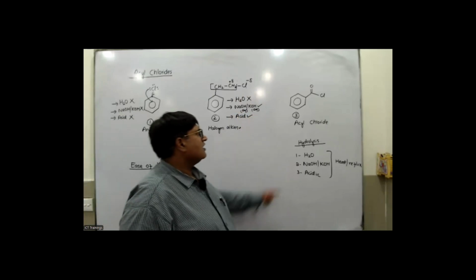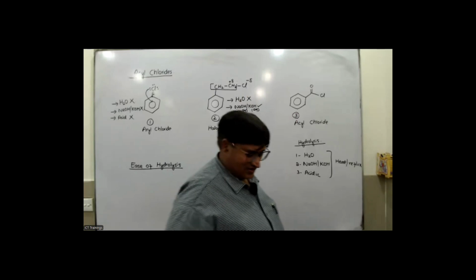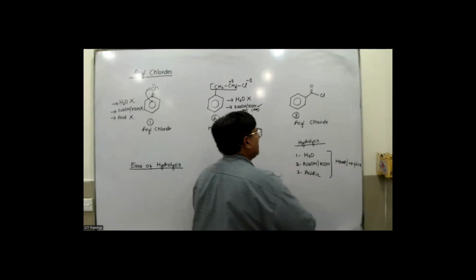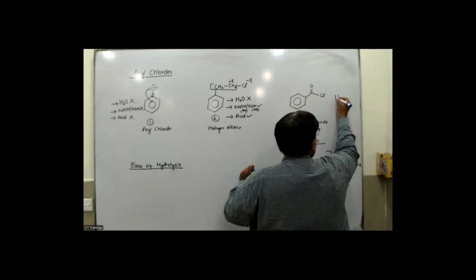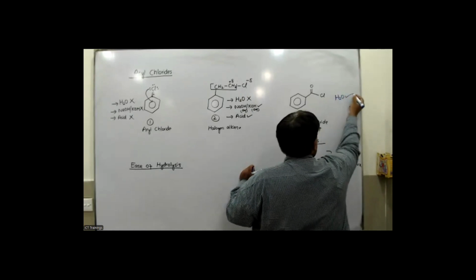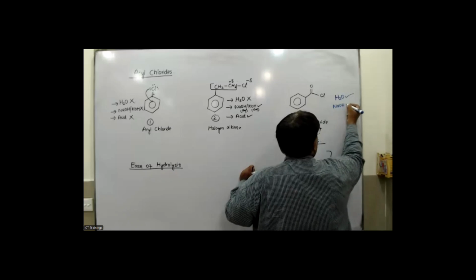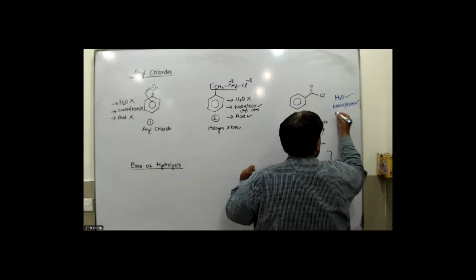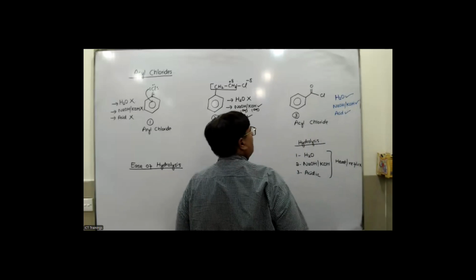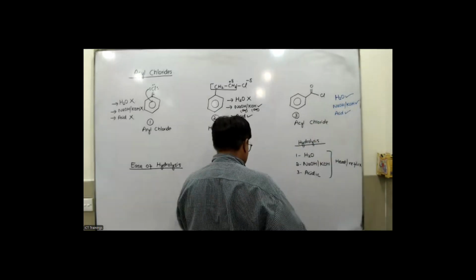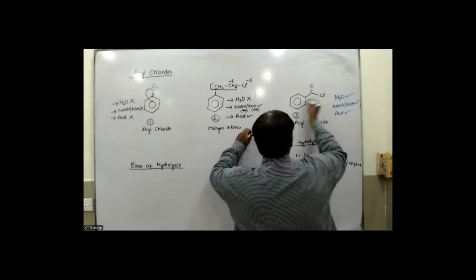Now come towards the acyl chloride. Acyl chlorides can easily be hydrolyzed by water. They can be hydrolyzed by the base, and they can be hydrolyzed by the acid as well. So you can hydrolyze them with all of these three things. And what is the reason behind it?